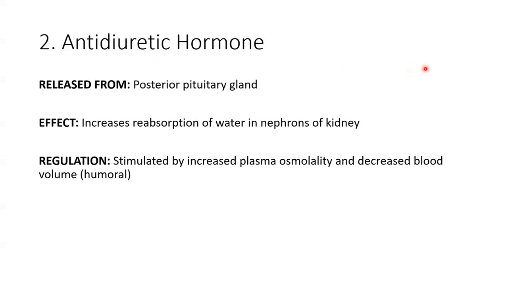So we will look at this particular hormone in much more detail when we come to the urinary system, but essentially how ADH works is that it increases the amount of water being reabsorbed in the kidneys so that more water stays in our blood and less is lost in urine. So we're having that reduced need to urinate.